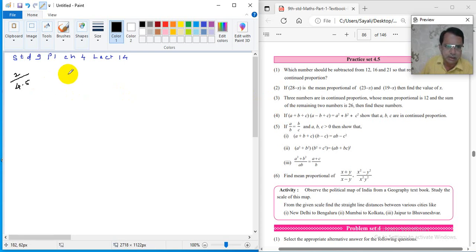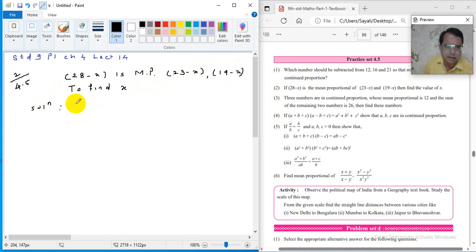So what is given? 28 minus x is the mean proportional of the two numbers 23 minus x and 19 minus x, and we have to find x. Now what do you mean? This is the mean proportional of the two.